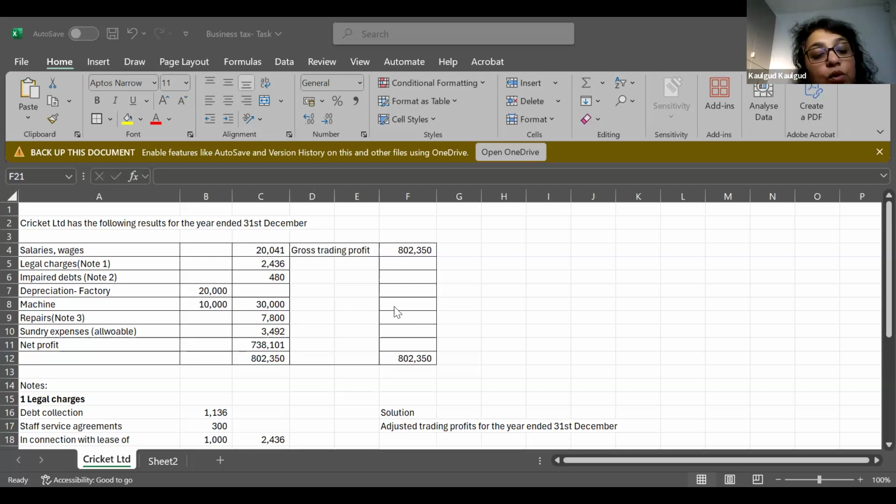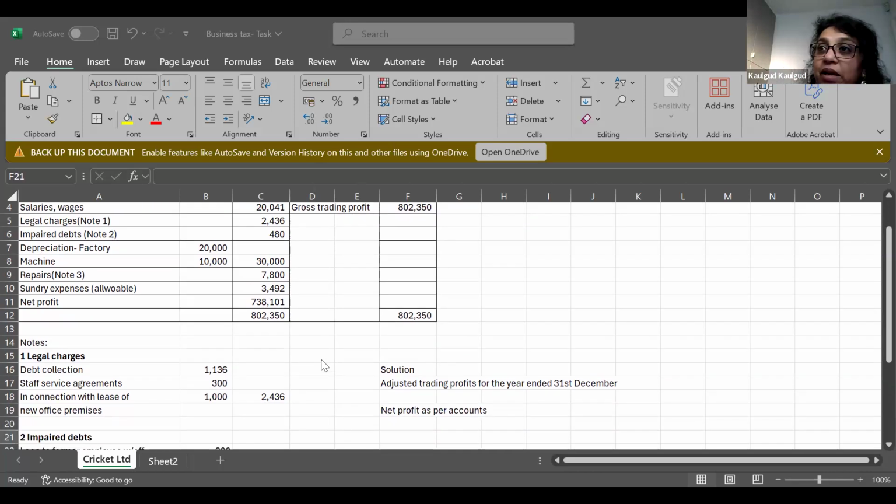Then repairs, there is a note. Then sundry expenses, which are allowable expenses. The net profit figure is given to me because there is a gross trading profit here. Imagine this is like a double debit and credit. This is my credit showing gross trading profit, and then all your expenses are here showing me the net profit of 738,101.